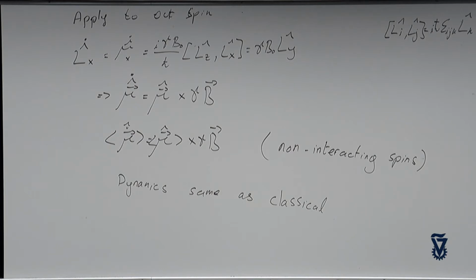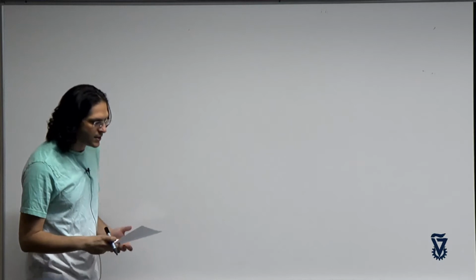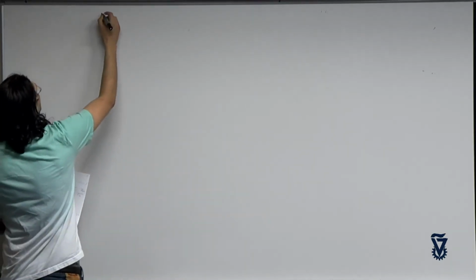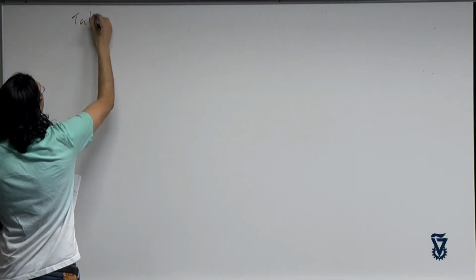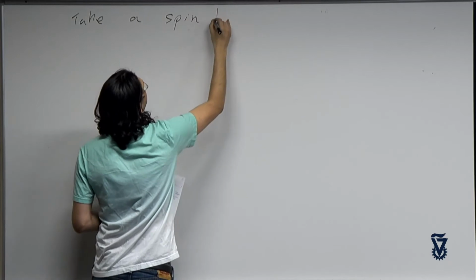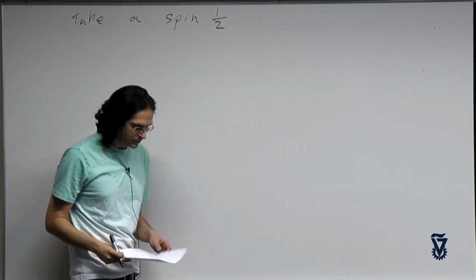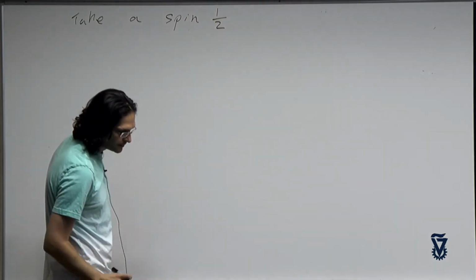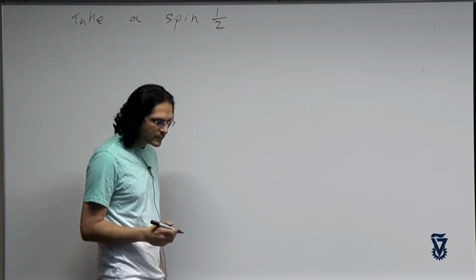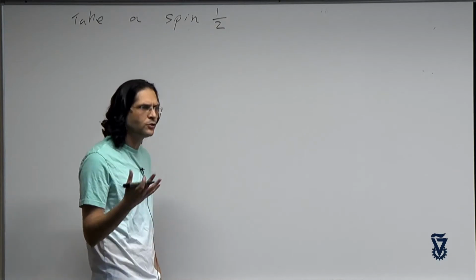Okay, so the equation that we just wrote says that for a quantum spin, if you measure the average magnetization, you get the same results as the average magnetization of a classical magnetic moment. Okay? But now, let's take spin half. In the case of a spin half, if you remember, a spin half is basically a two-level system.